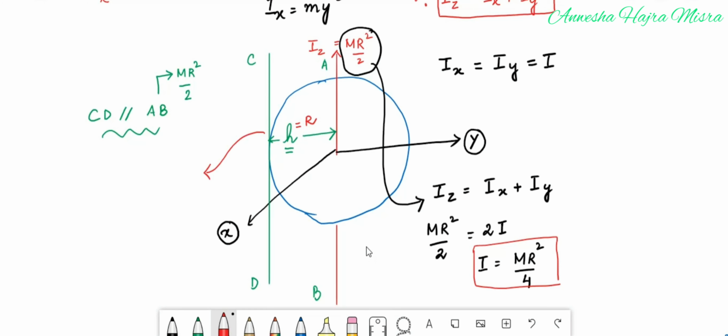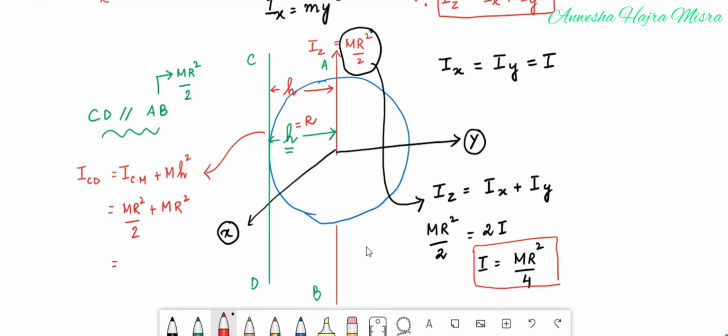So from the parallel axis theorem, ICD is I center of mass plus mass of the disk into h square. h is this distance. Now I center of mass is mr square by 2. Here h is r, radius of the disk.